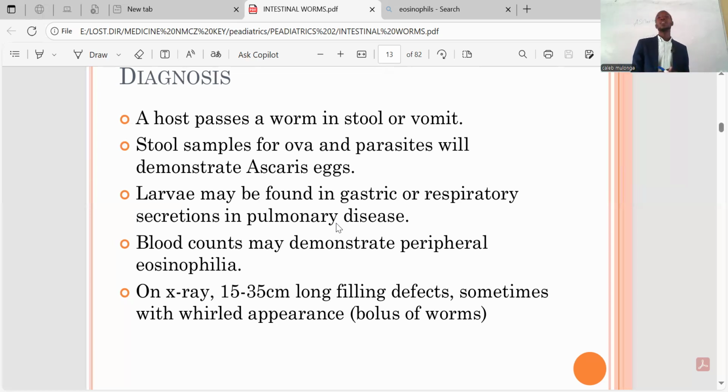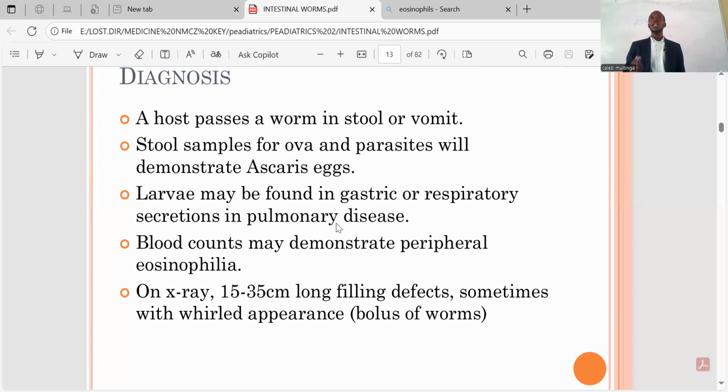The other laboratory investigation that we can talk about is a stool sample, or stool for microscopy, which will contain eggs.